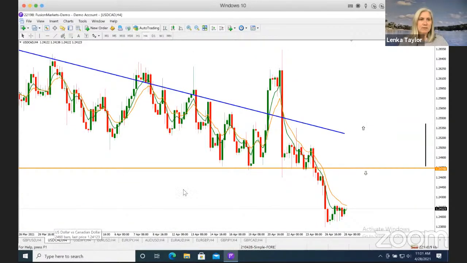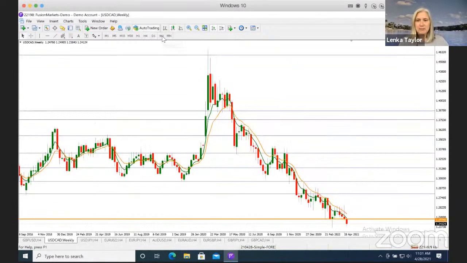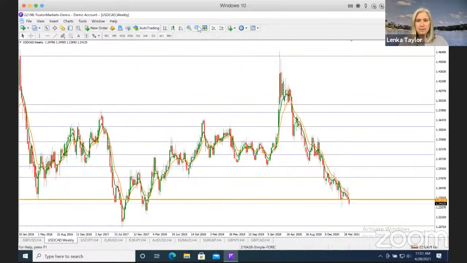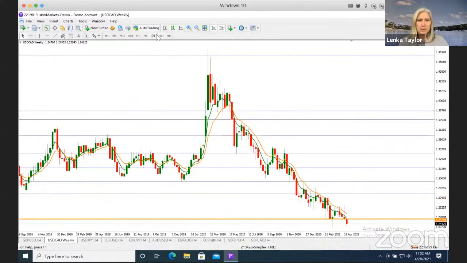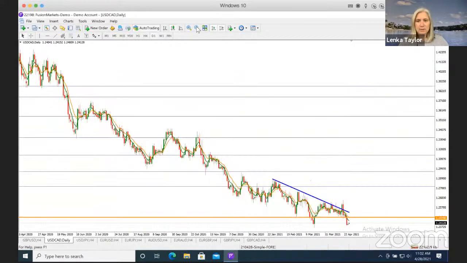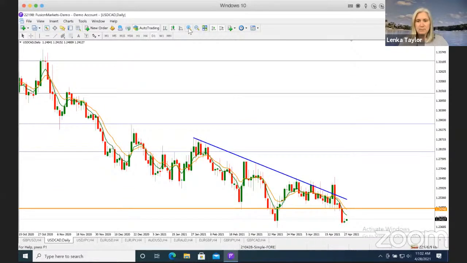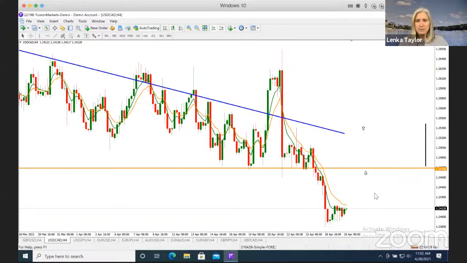Next currency pair I'm looking at is USD CAD. So USD CAD at the moment is going down, but there is that level of support. So I'm just conscious of that and looking at how the price will react at that point. Here on the daily, it looks like it could be a double bottom. So I'm just being a bit cautious before taking this trade.